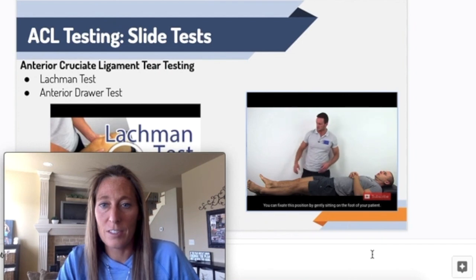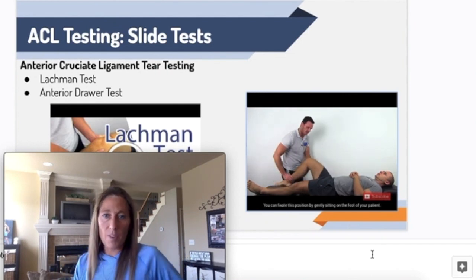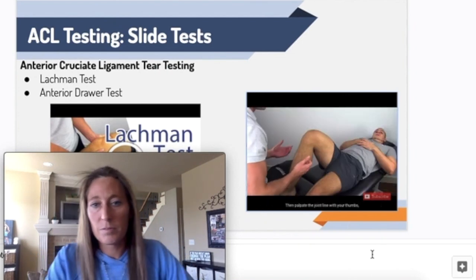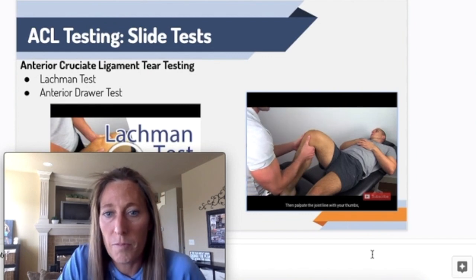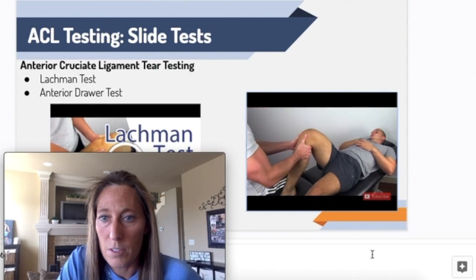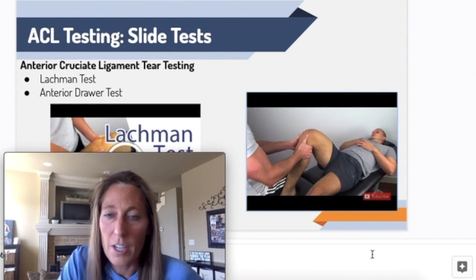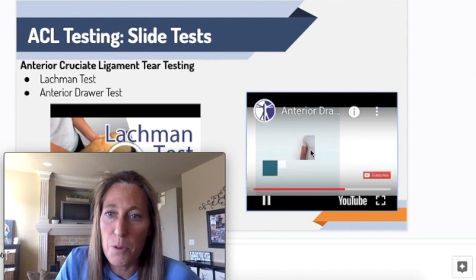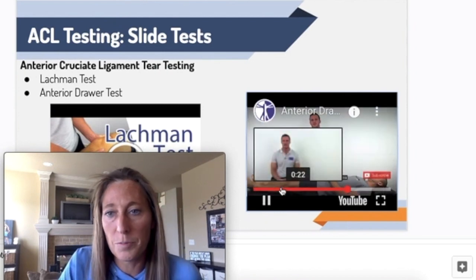You can fixate this position by gently sitting on the foot of your patient. Then palpate the joint line with your thumbs and try to move the tibia anteriorly in an explosive movement. That guy doesn't have much give at all trying to pull that tibia forward. This test is positive if the tibia translates anteriorly more than 6 millimeters or if you experience a soft and mushy end feel.